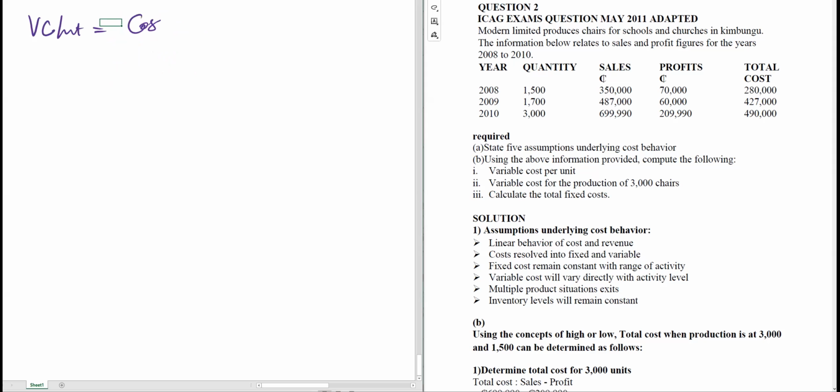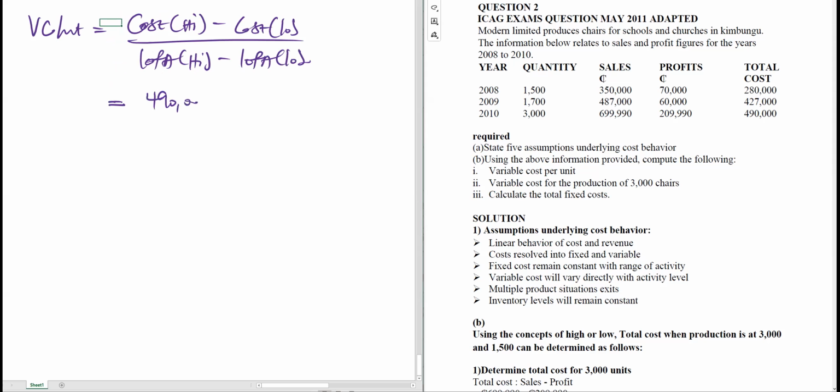So cost at the high level minus cost at the lowest level, all over level of activity at the highest level minus level of activity at the lowest level. Straightforward, right? The highest cost is 490,000 minus the lowest, which is 280,000, all over the level of activity.